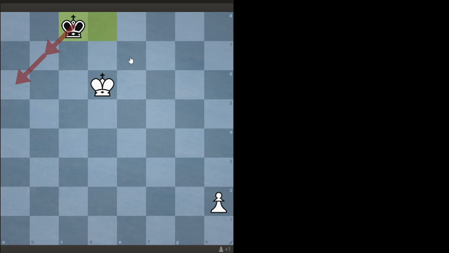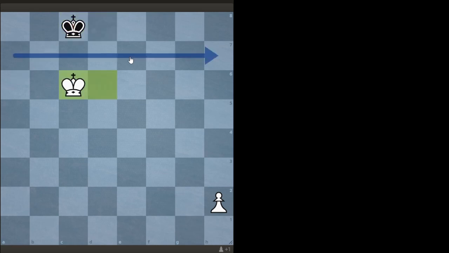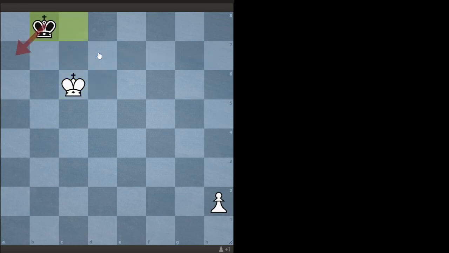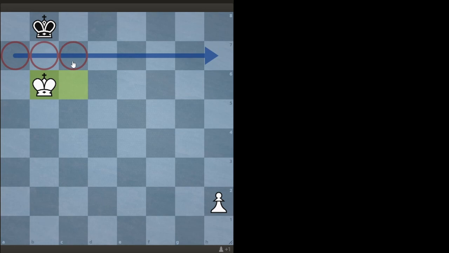Now again, black king tries to escape, white king says no, I have all of the squares covered, you cannot escape this way. Again, black king is not able to escape because white king has too many squares under control on the 7th rank.